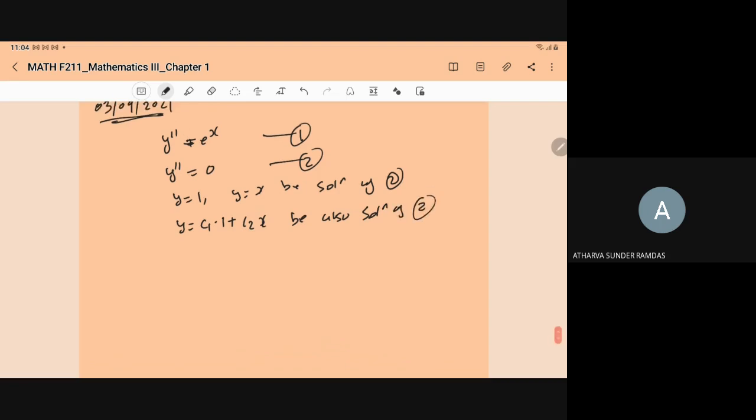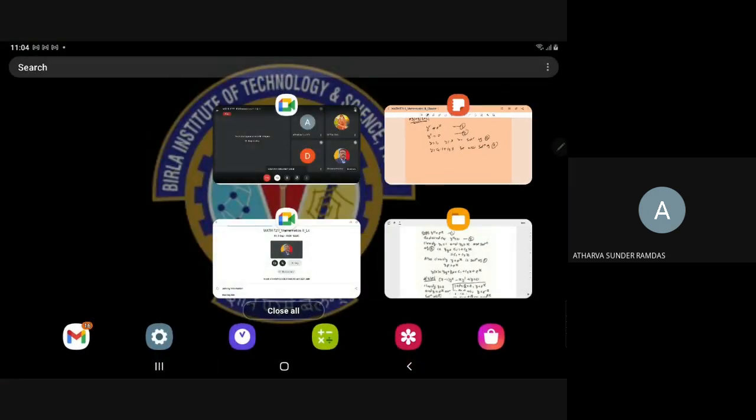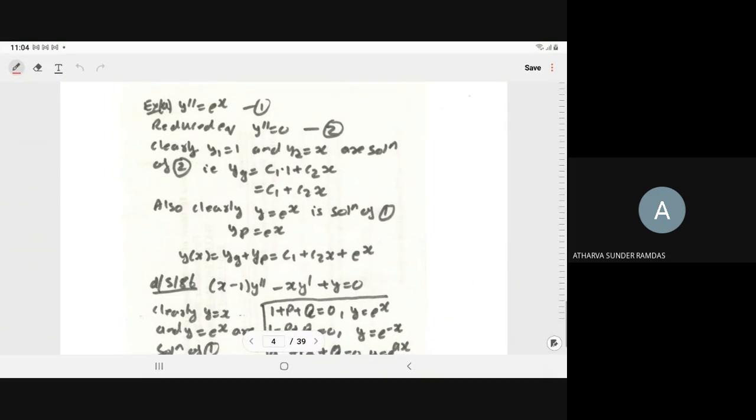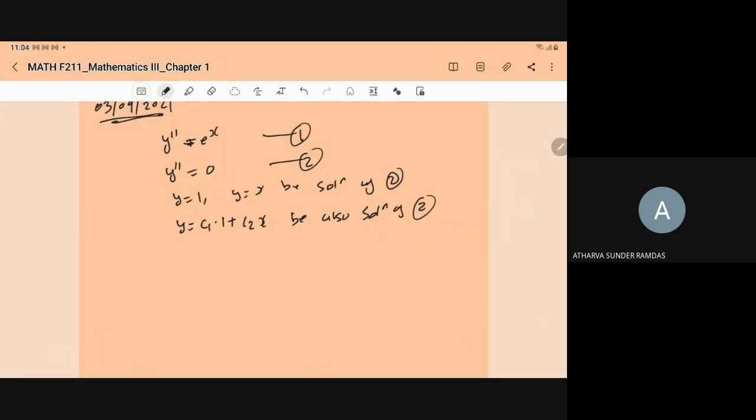So here we have computed the general solution of the reduced equation. Then we take yp is equal to e to power x.